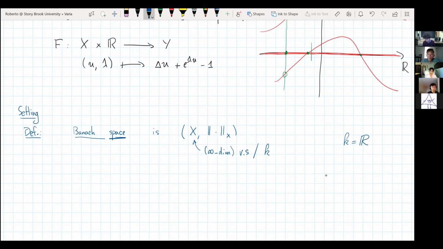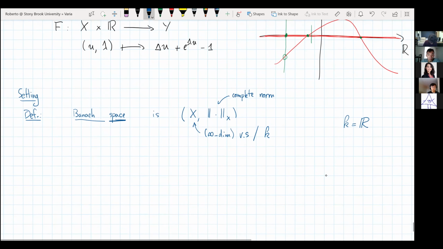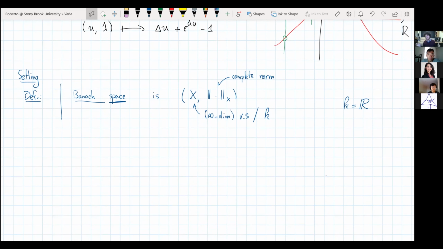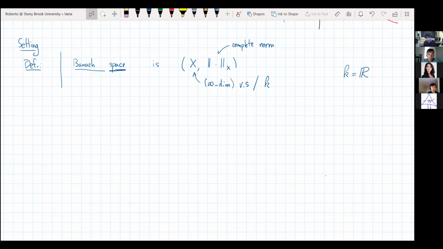Well, maybe it's C, but let's take R. And this is a complete norm. That means that it's a norm for which all Cauchy sequences converge. So that's the natural setting of this theory. So it's basically a vector space where we have a norm that behaves nicely. And the vector space can be infinite dimensional, but we'll see that that's not an issue.